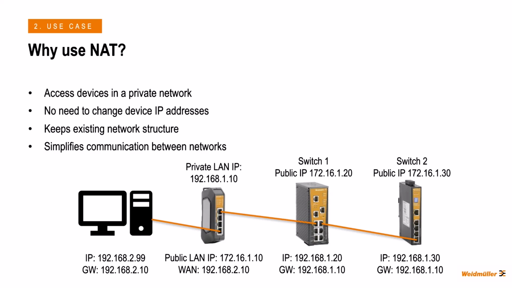For example, 172.16.1.20 is translated to 192.168.1.20, and 172.16.1.30 is translated to 192.168.1.30. The device number remains the same, while only the network portion of the IP address is changed. This allows users on another network to reach the devices using the translated addresses.